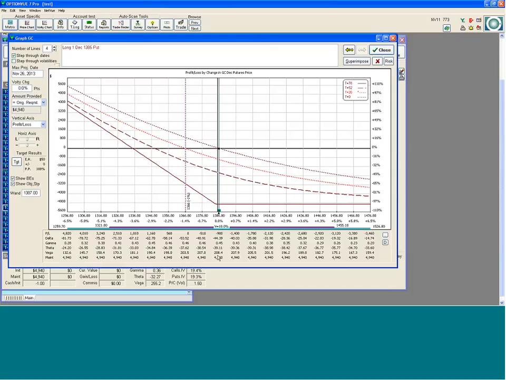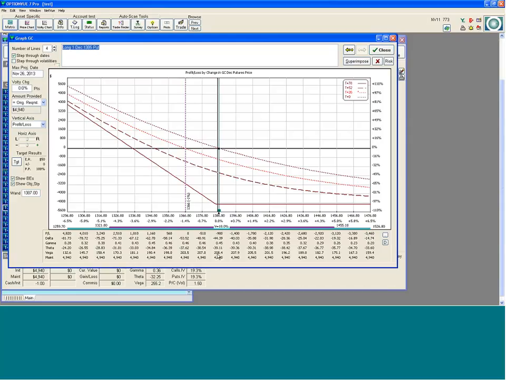The vega factor in dollars is telling us that this 1385 December put that we purchased is affected by the tune of $208, depending upon whether implied volatility increases by 1 percentage point or decreases by 1 percentage point.